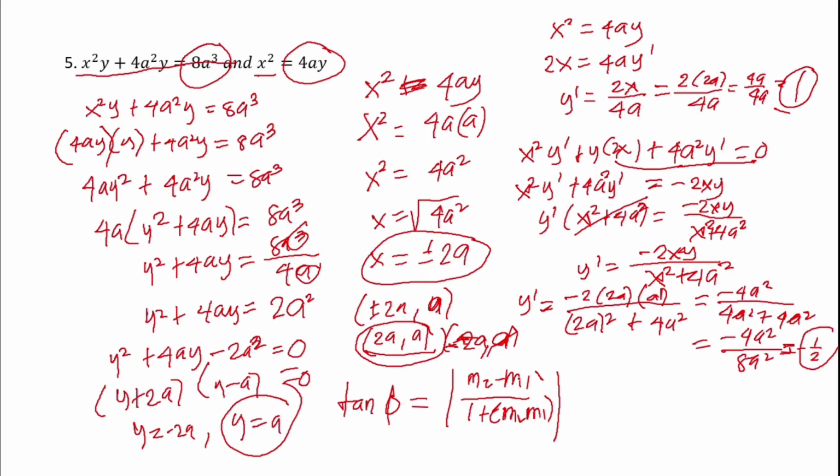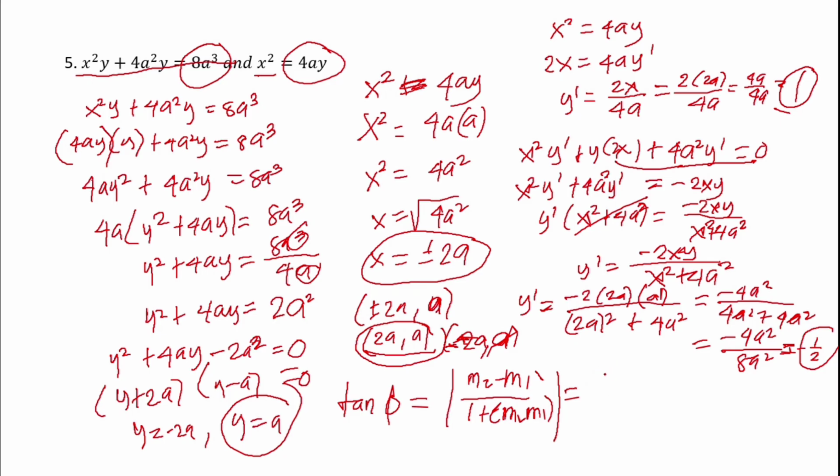The bigger slope will be the m2 and the smaller slope will be the m1. In this case, our m2 could be 1 or negative 1. Since this is absolute, it could be interchanged. That is customary to get the acute angle.